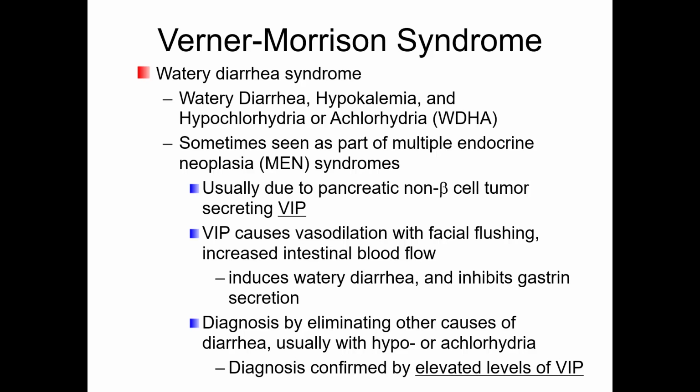VIP causes vasodilation with facial flushing and increased intestinal blood flow, induces watery diarrhea, and inhibits gastrin secretion. Diagnosis is by eliminating other causes of diarrhea, usually with hypo or achlorhydria. Diagnosis is confirmed by elevated levels of VIP.